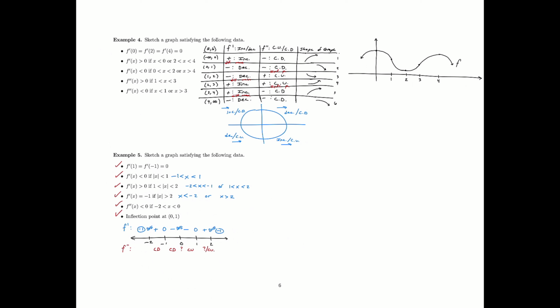So what I'm going to do here is essentially piece together what we have. What we do know is that our graph has a slope of -1 for a little bit of time. So there we go. And then we know that that was right here. Now we're going to increase in a concave down way, so that would be something like this.